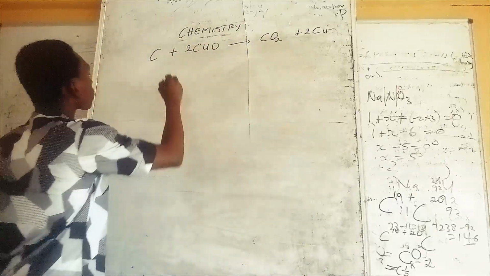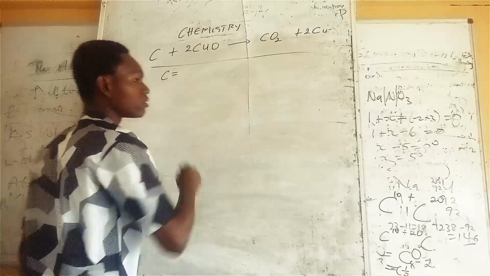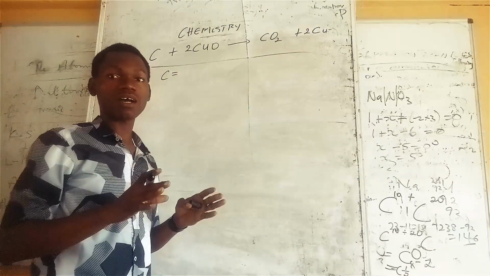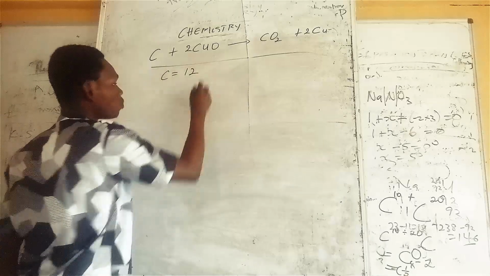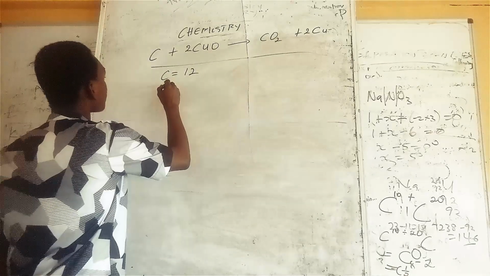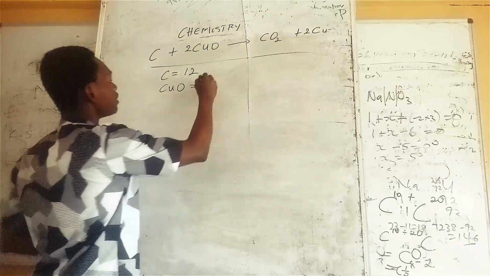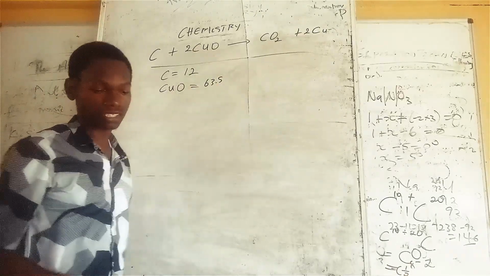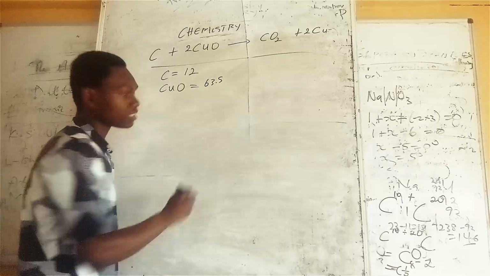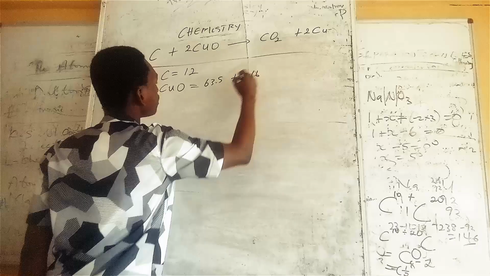So the relative molecular mass of carbon is 12, we know it is 12, it is certain. And that of copper oxide, we know that copper is 63.5 and oxygen is 16.